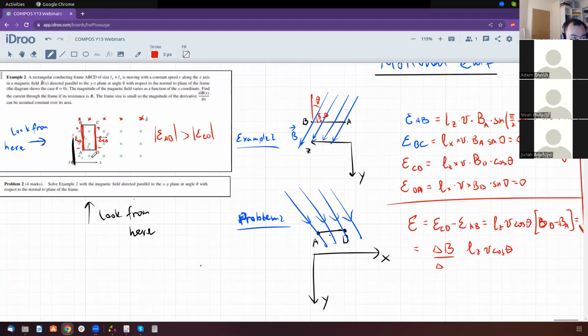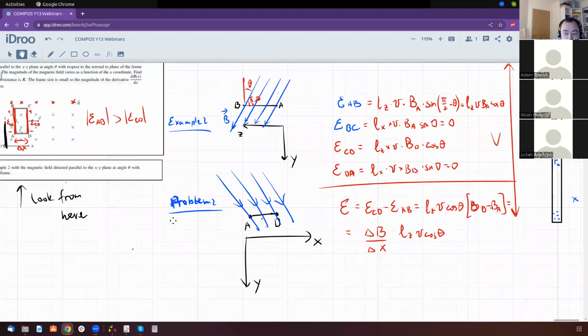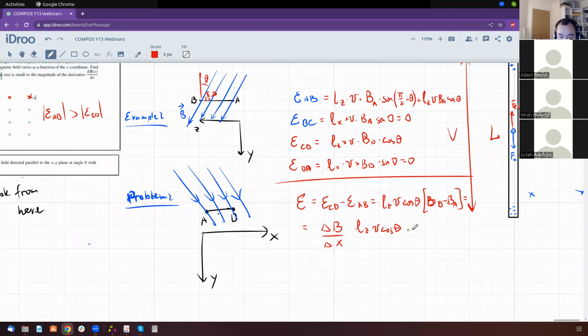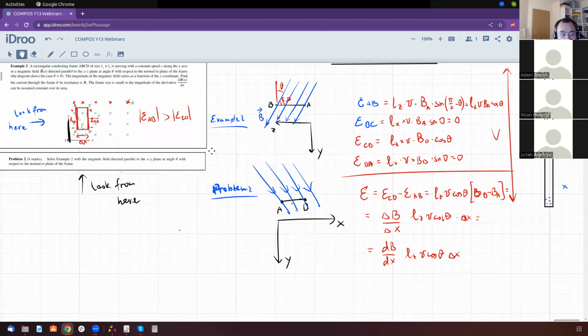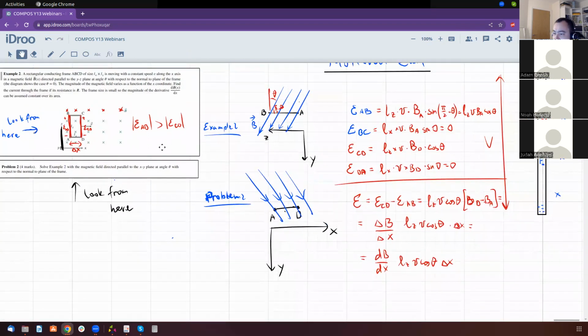It's the distance. So how much does B change over this distance? So this is delta X, and multiply this by delta X. All right. So we have delta B, change in B, over delta X. And for small changes, we can write dB/dx LZ V cos theta and delta X. What is delta X in terms of the initial values that we have?